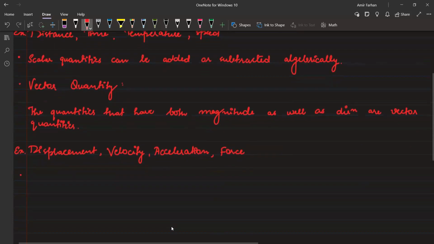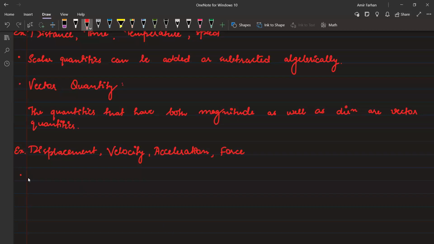Basically, to add, subtract or multiply the vector quantities, we have a special type of algebra that is called vector algebra. When you go to higher standards, maybe in 11th class, you will understand these terms. It is a completely independent topic, interesting, along with its difficulties.